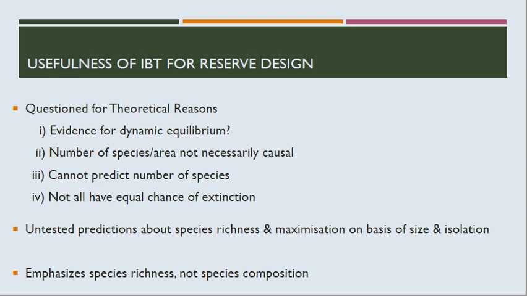And sometimes that can be problematic, because if you have a little bit of disturbance in your reserve, quite often it will increase species richness, but it will increase the richness of species which occur everywhere with human disturbance, and it will reduce the number of species which are not able to tolerate human disturbance, and therefore species composition will be problematic.